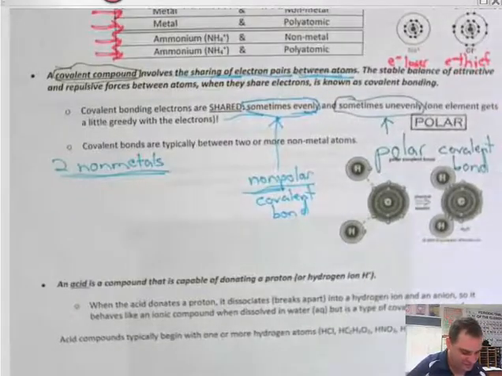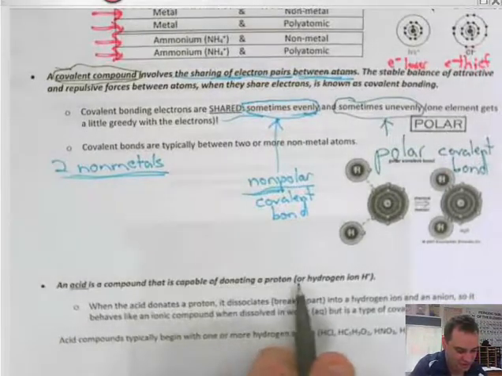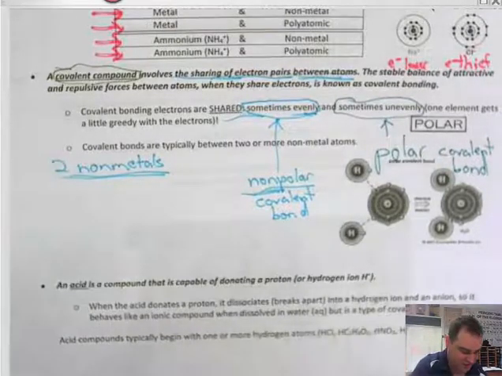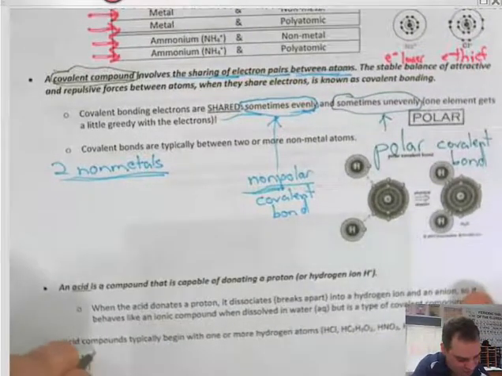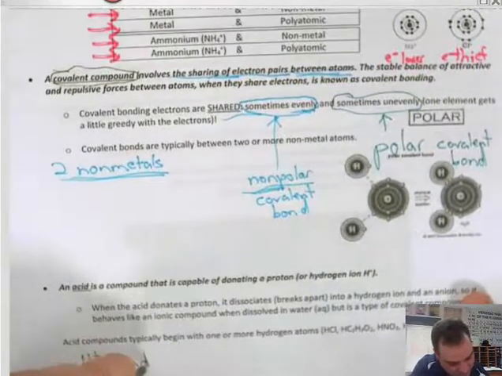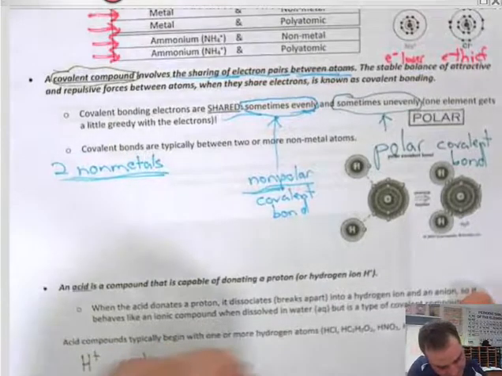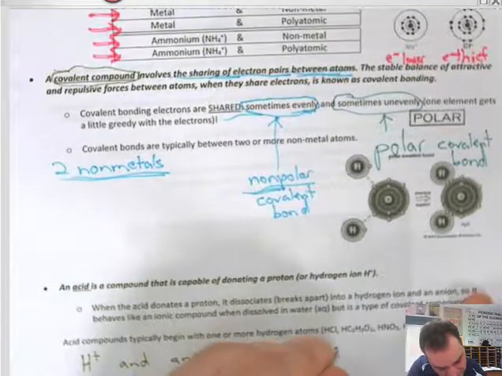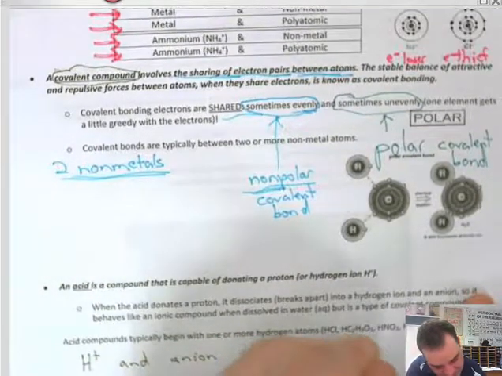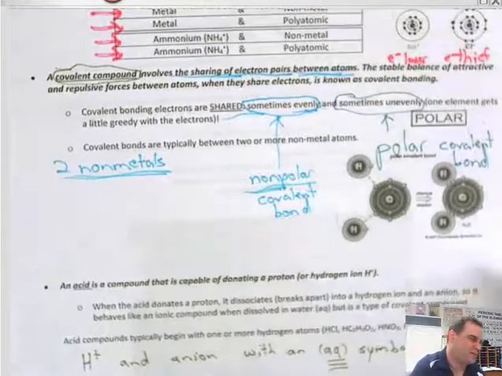An acid is a compound that is capable of donating a proton or a hydrogen ion. So for the formulas for acids, you're looking for H plus and an anion with an AQ symbol. The AQ symbol tells me that this is aqueous.